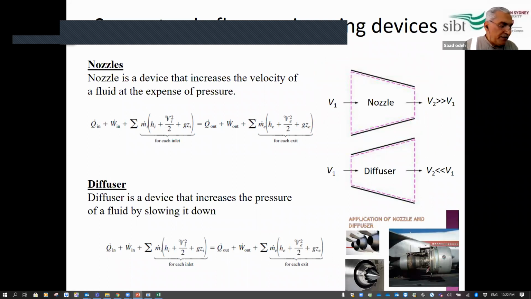So can you see this airplane engine down here? This is an airplane engine, and as you can see, the inlet part is a diffuser, where we want high pressure entering the engine.